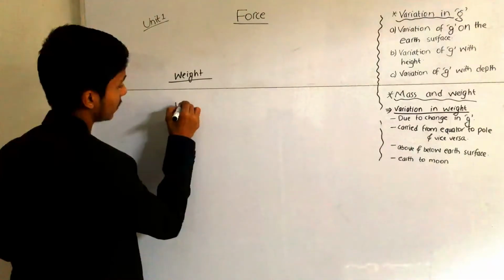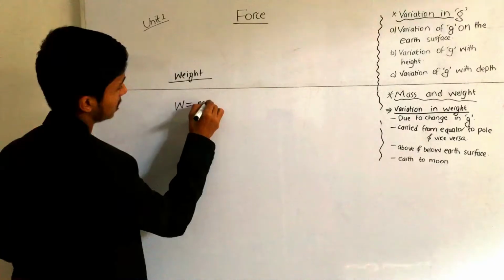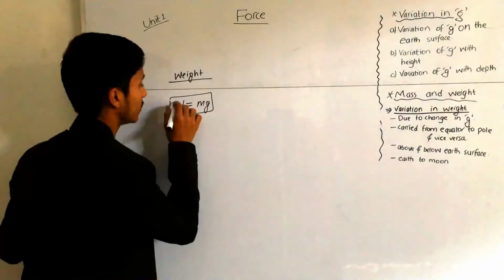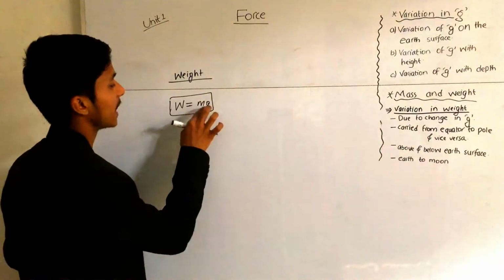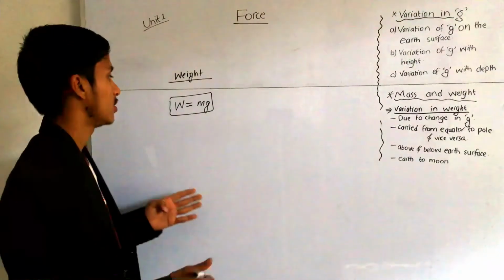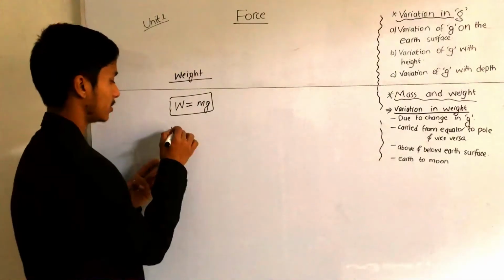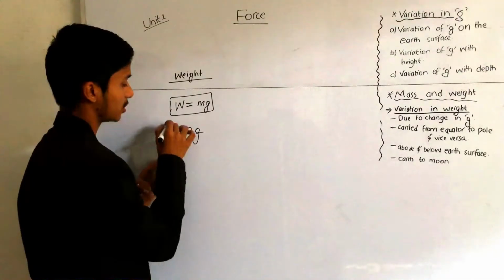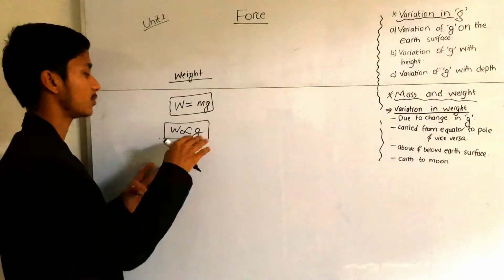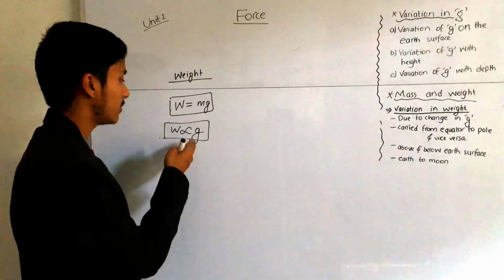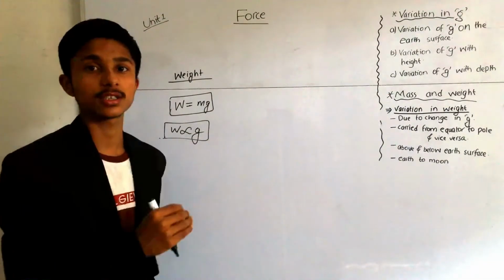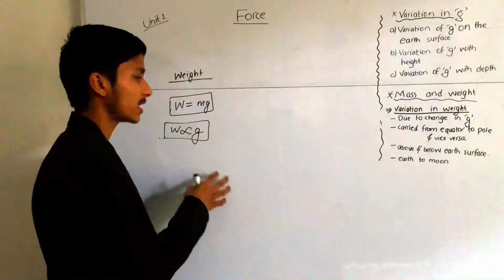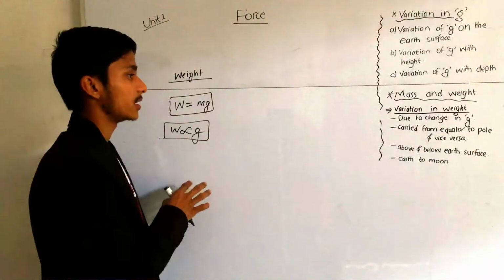As we know, the formula of weight is mg. It means weight depends upon the mass of the object and the acceleration due to gravity. Weight is directly proportional to acceleration due to gravity. When the value of acceleration due to gravity increases, the value of weight also increases, and when the value of acceleration due to gravity decreases, weight also decreases.